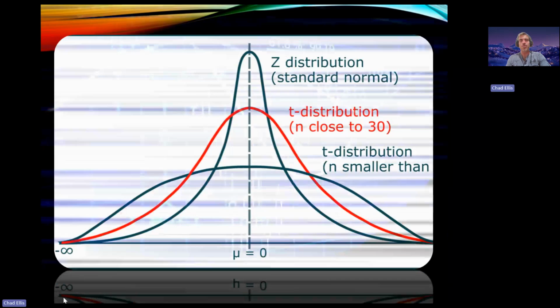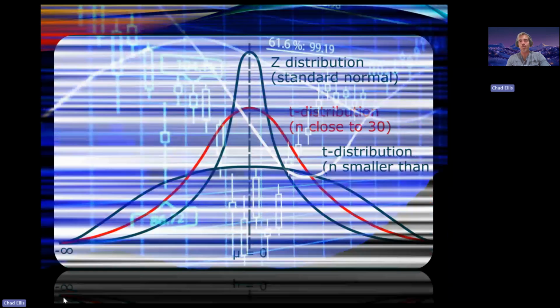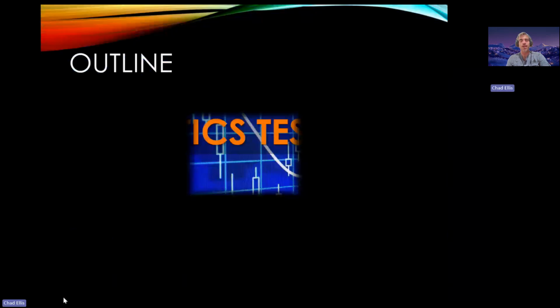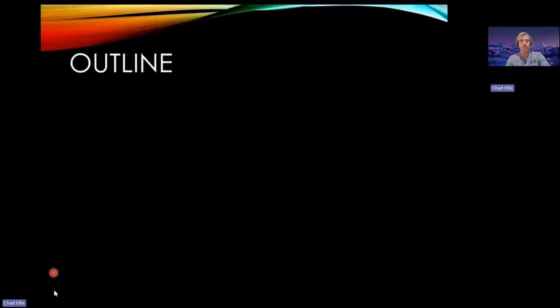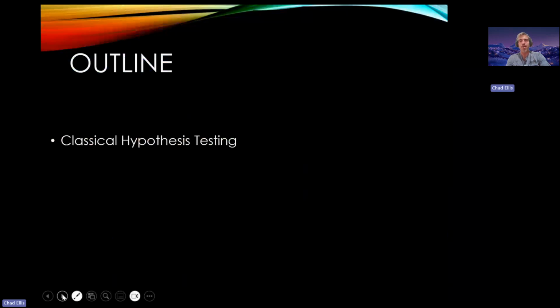So that brings us to inferential statistical tests, which we're going to be looking at in this week's lab, looking at these t-distributions and z-distributions to do various calculations. So just to go over a little bit what we'll talk about in the last part of this video. We're going to get into what's referred to as classical hypothesis testing.